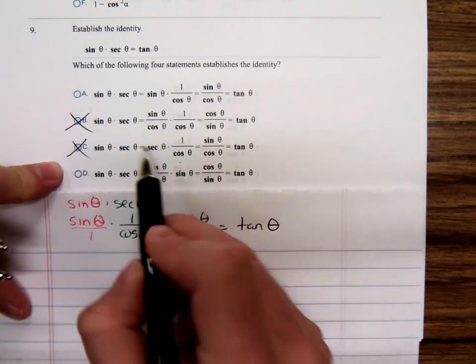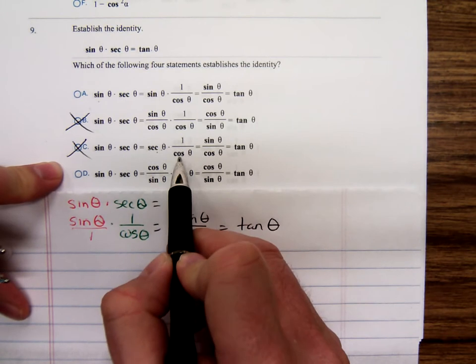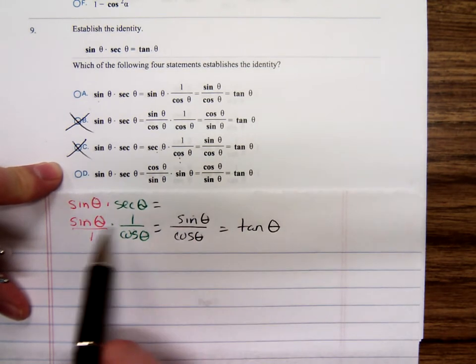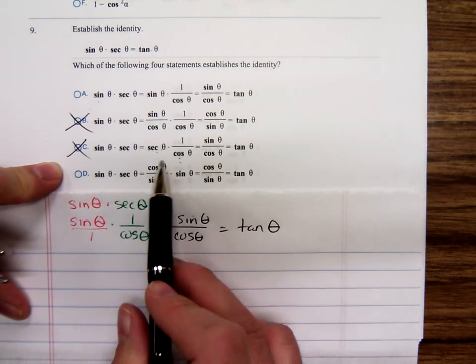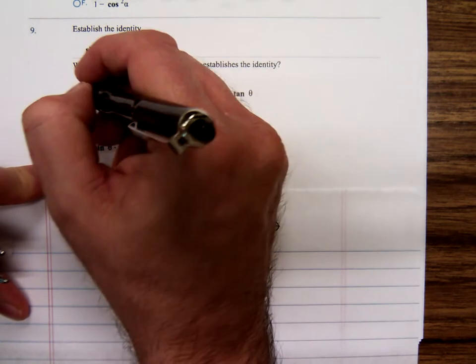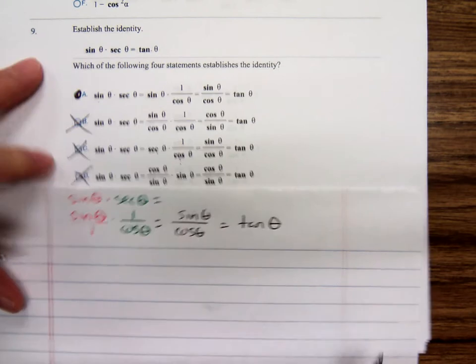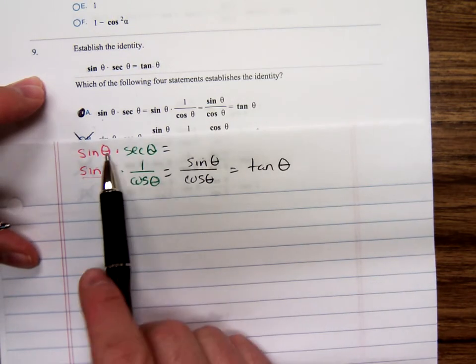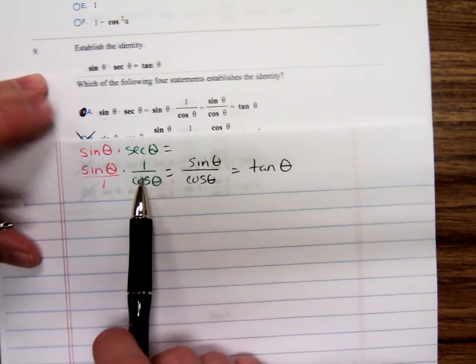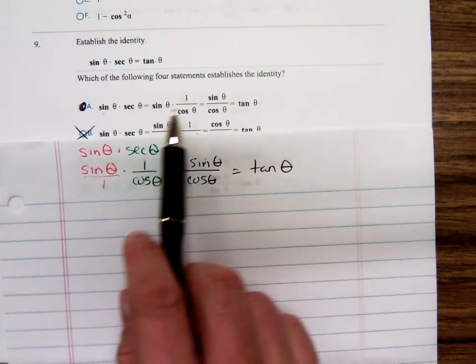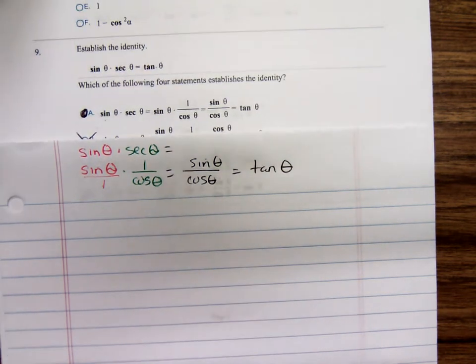It should have been sine theta times 1 over cosine. A is the one that went through the same steps that I did here. Replace secant theta with 1 over cosine theta, and then multiply straight across.